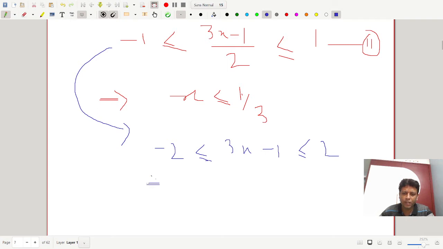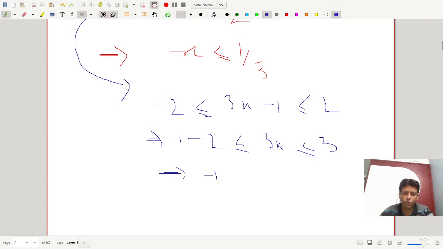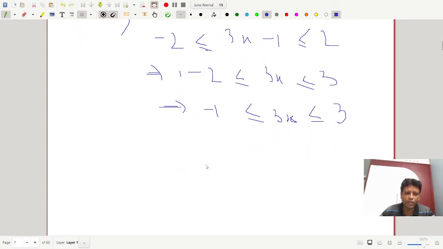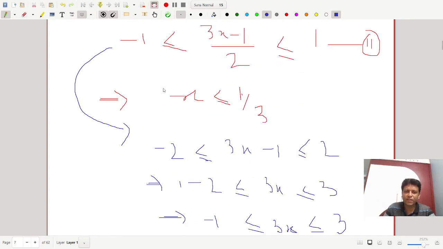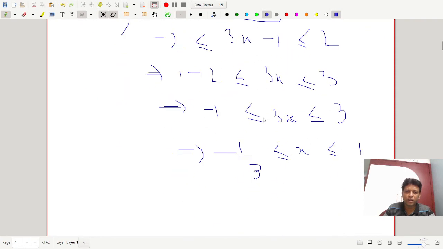And that's going to be minus 2 plus 1, so minus 1 less than or equal to 3x less than or equal to 3, and that is minus 1/3 less than or equal to x less than or equal to 1. You are doing the problems of inequations also, you are finding the solution from the inequations also, that is the logic.